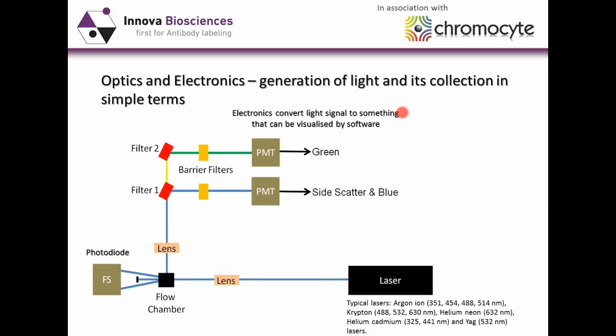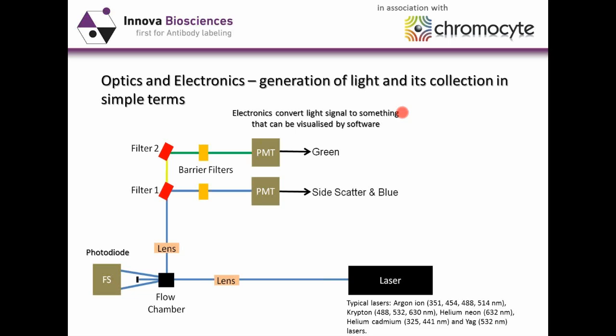So if we now look at a very simple diagram of a flow cytometer, this is just a single laser instrument. Of course, these days flow cytometers can contain multiple lasers, up to 4, 5, 6 lasers, and some typical types of lasers are listed just under here, so we can get lots of different wavelengths. The principle is the same: the laser light is shone through the flow chamber, which is where the cells are.